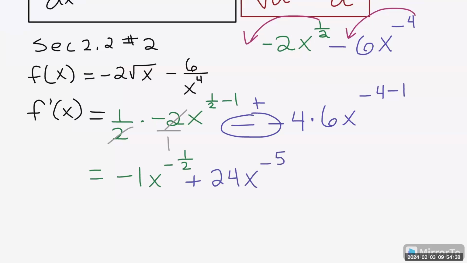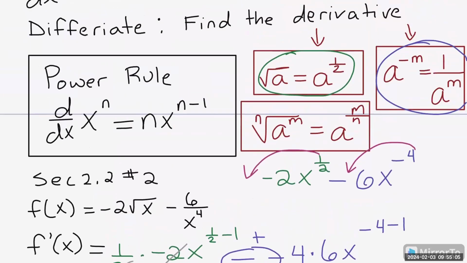So this is actually our derivative, but in the problem, they ask us to write the answer without negative exponents and without fraction exponents. In this case, we have both. So we're going to go back to our algebra rule and rewrite this so we don't have any negative or fraction exponents. First of all, the negative part is handled by this right here.